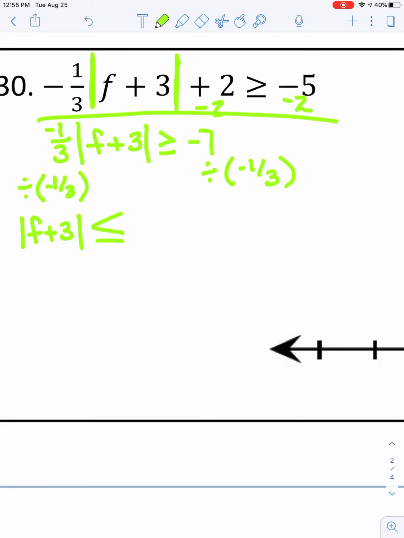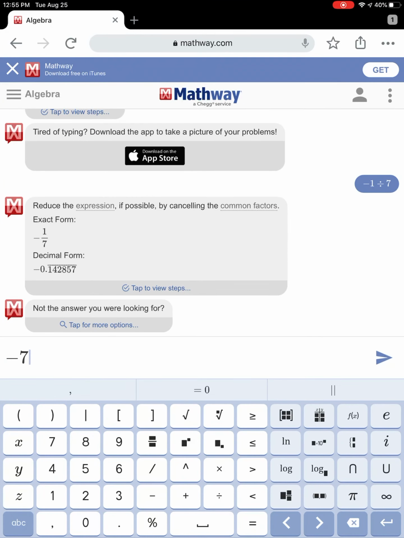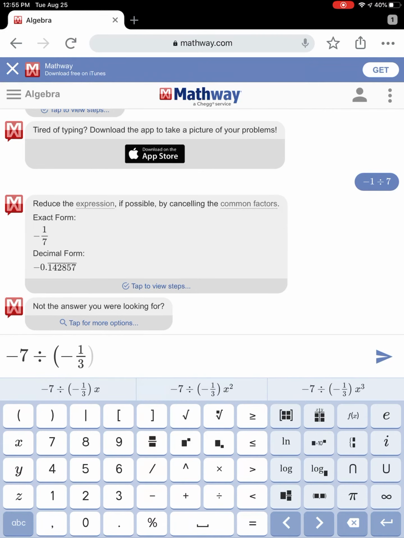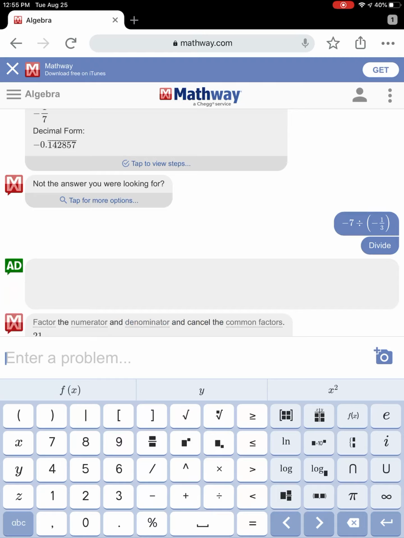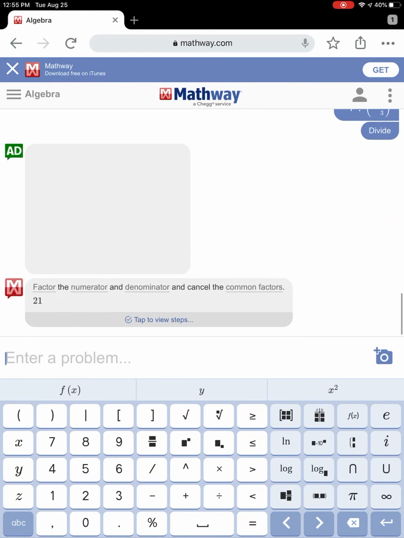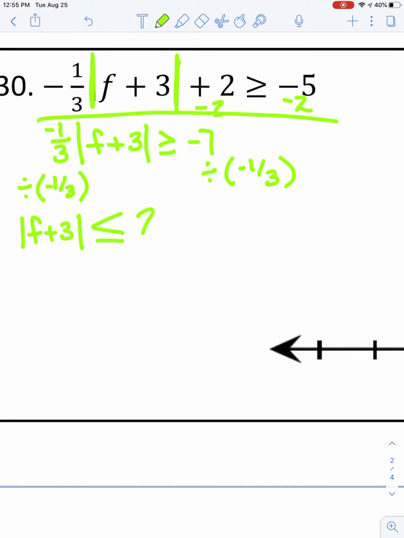And negative 7 divided by negative 1/3, I want to show you how nice this calculator is. Negative 7 divided by, where's my parentheses? Negative 1/3. You ready? Get out of the parentheses. See how it gives us an answer of 21 when you scroll down. With an add, of course.